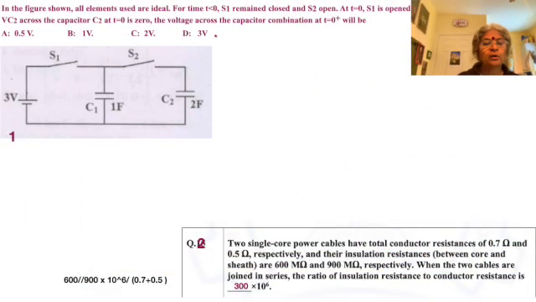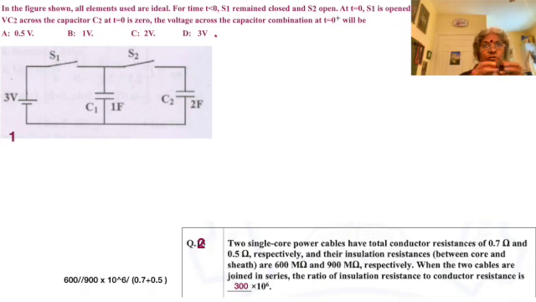It has a cable. We have two single core power cables with total conductor resistance of 0.7 ohms and 0.5 ohms respectively. Here we talk about the copper content, or the aluminum content if it is an all aluminum conductor. This is also applicable to triple AC, that is all aluminum armored conductor. And then there are the insulation resistances.